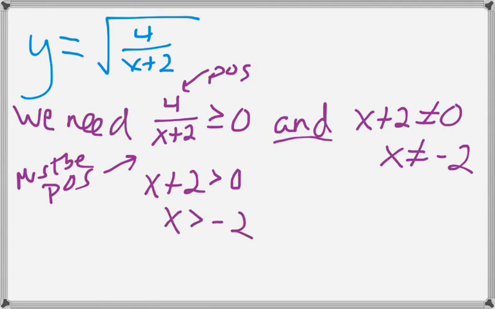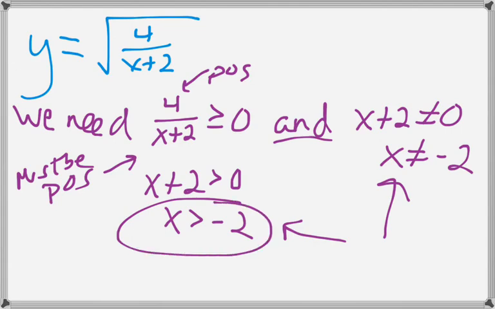So this means that in order to not have a negative under a radical, we need an x value greater than -2. So if you put these two statements together, if we use every number greater than -2, we're not in danger of using negative 2 itself because it's a greater than, not a greater than or equal to. So our domain is just the numbers greater than negative 2.